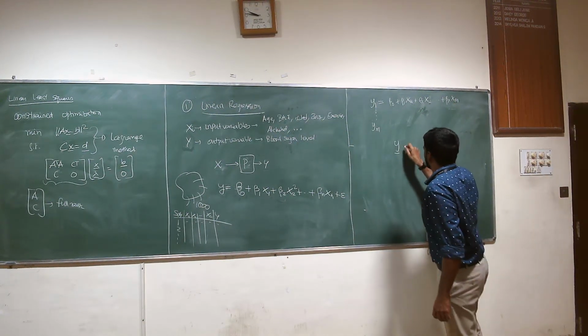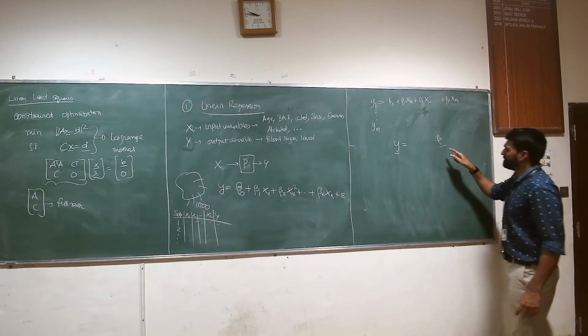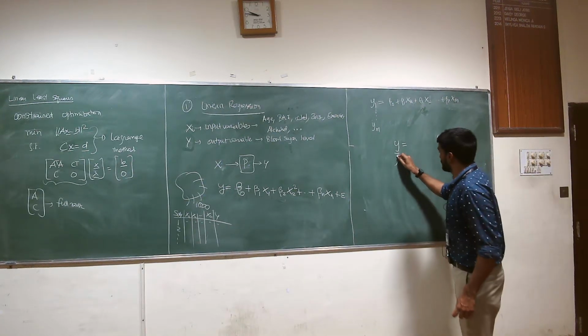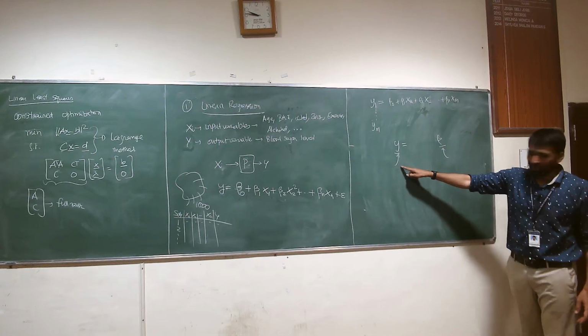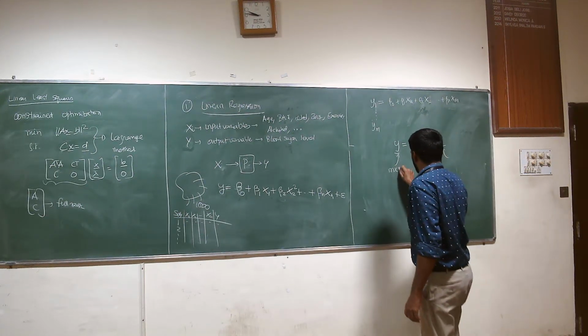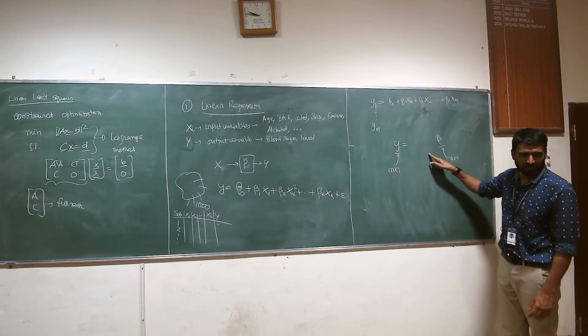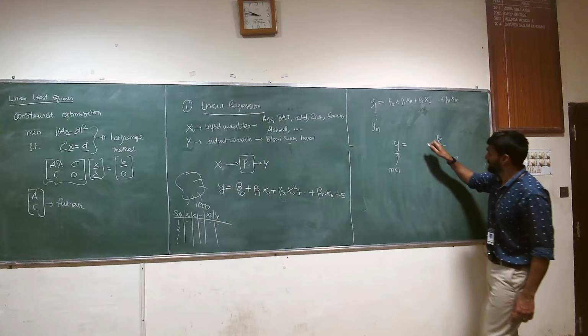So the vector y will be related to this vector beta. Beta is, what is the size of this? And what is the size of this? Sorry? Yeah, this is m cross 1. This is n cross 1. And this is m cross n, okay?